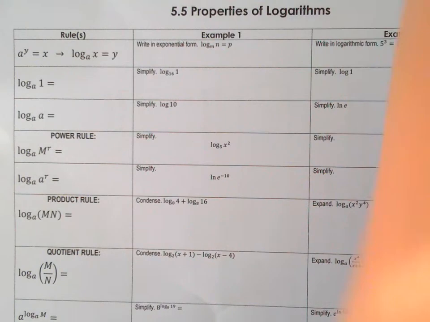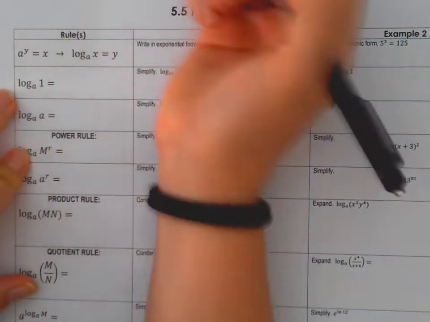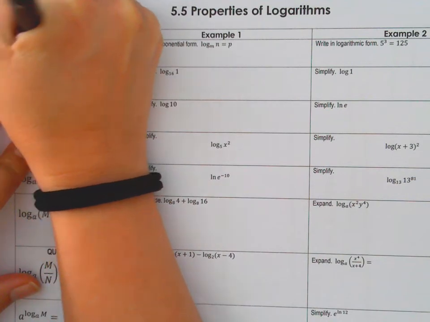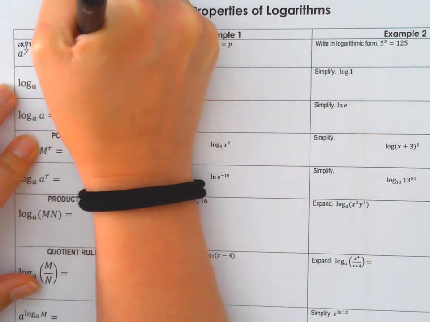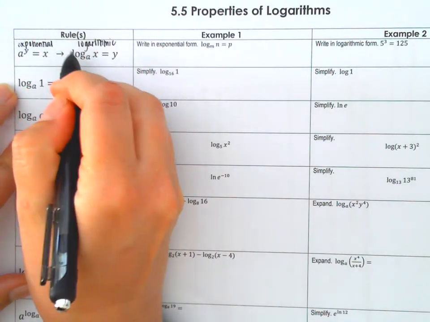It's basically saying, let's get colors. So changing an exponential to a logarithmic. And really, this arrow doesn't go just one way.